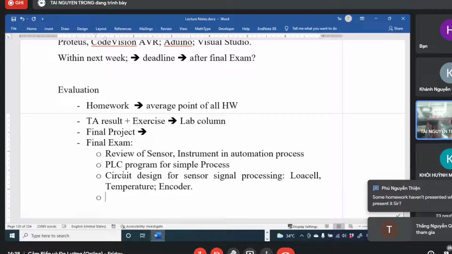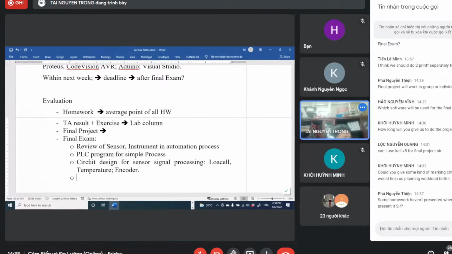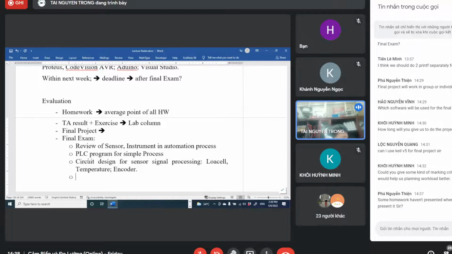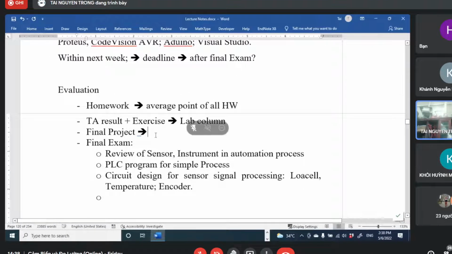Try the TIs, finish the exercise and take the evaluation. For the final project, I will take it into the lab. For the midterm, the final project and your test will be in the midterm.